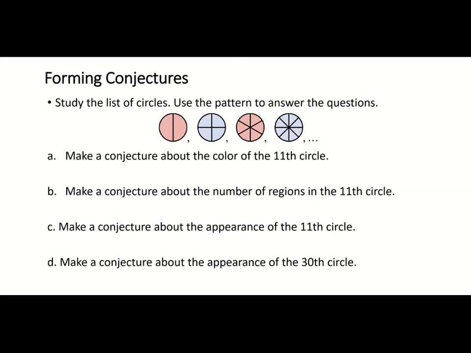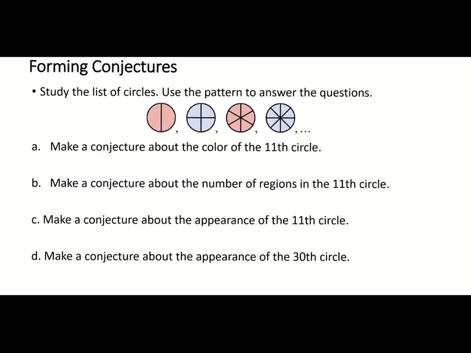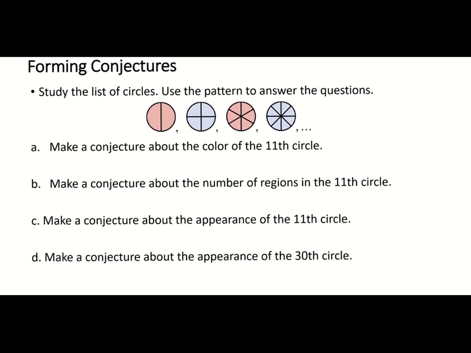First, they want us to make a conjecture about the 11th circle. So if I look at my circles and I want to know the color, I think it's supposed to be red. Red, blue, red, blue.